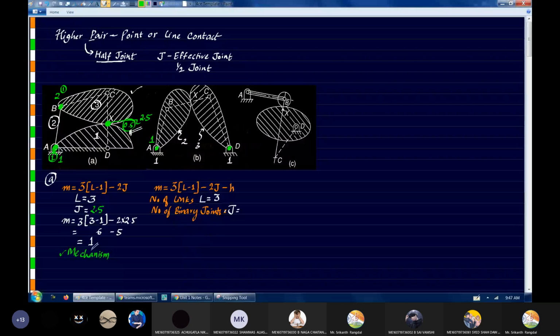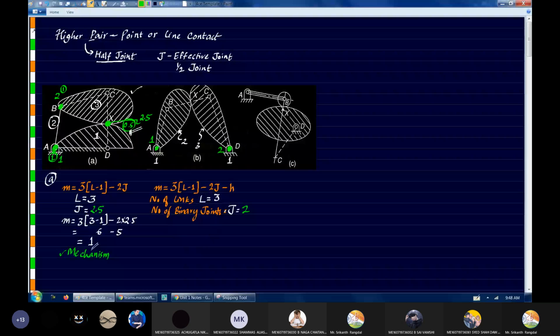Then here at D, again, link number 3 and 1 are joined, and this also is a binary joint. Binary means 2, no? So 2 links are connected at a binary joint. So these are the two binary joints. So number of J here will be 2, because now we are counting the binary joints.